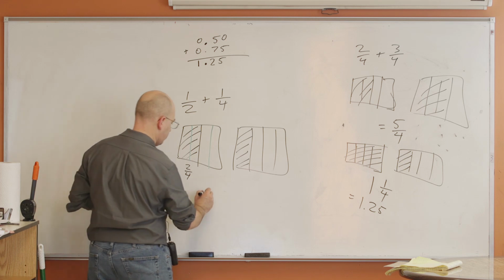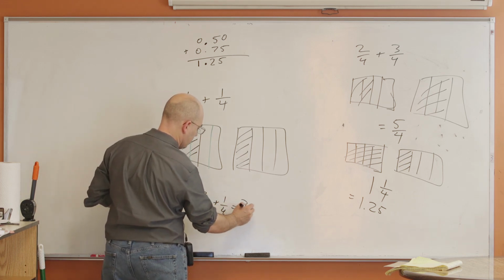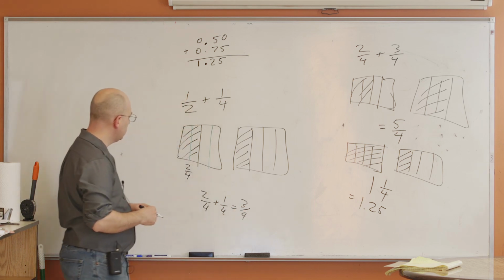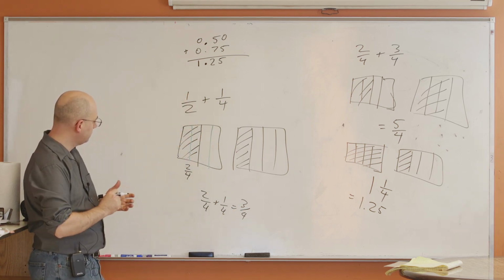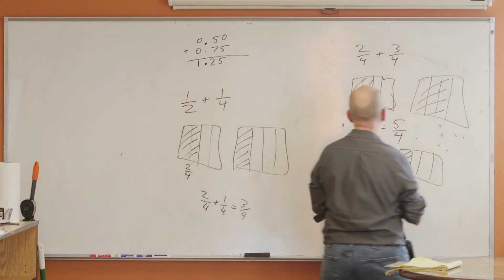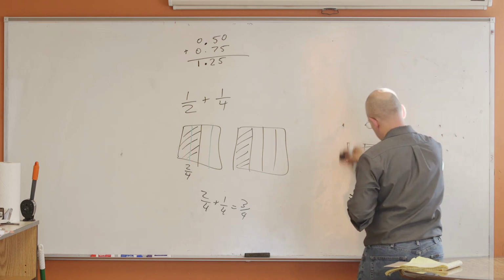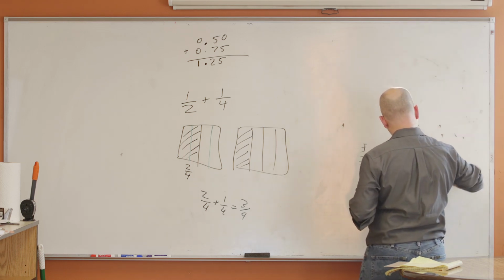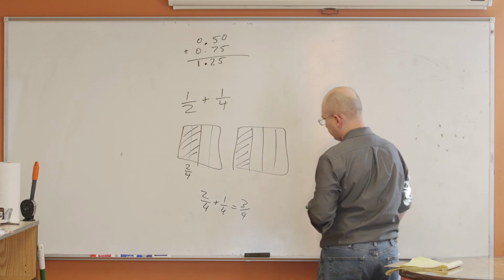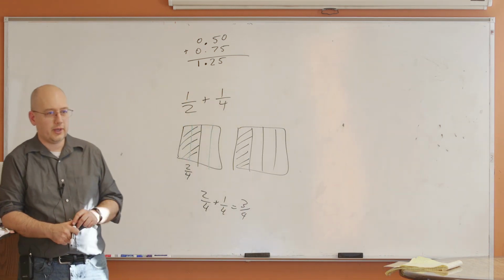And now, 2/4 plus 1/4 is 3/4. Now, how do I compute that 2/4 from 1/2?